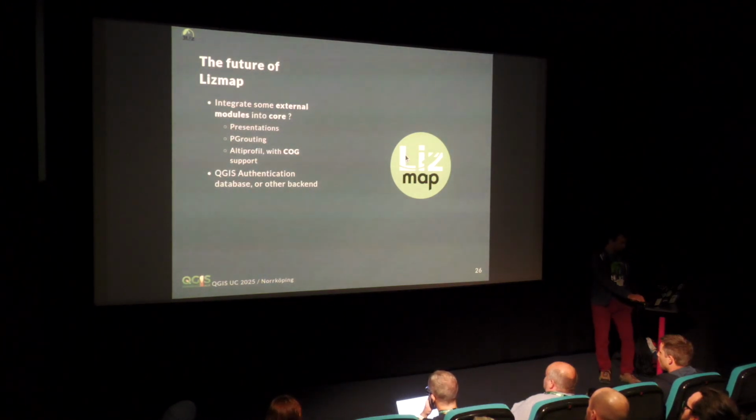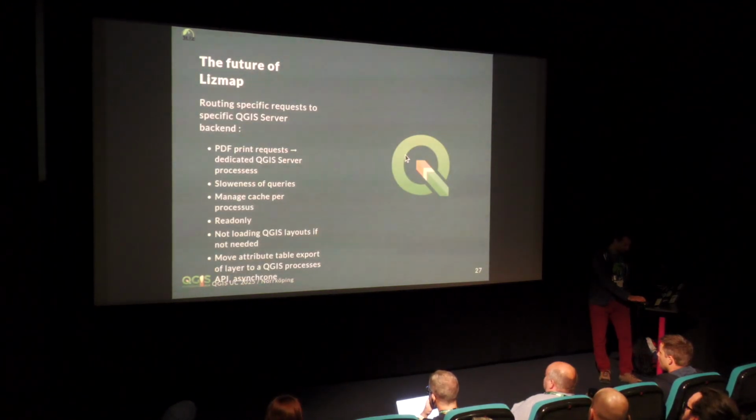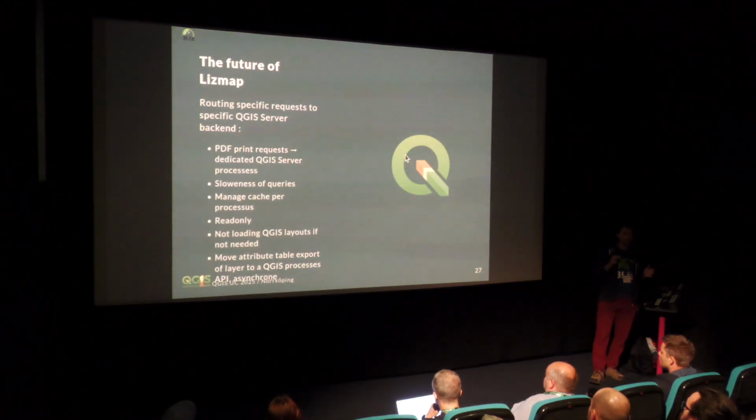Also the QGIS authentication database. And also, that's very specific, but we would like to improve performance using different QGIS Servers dedicated to some tasks. It's quite heavy for QGIS Server to load a whole project with all layouts inside, even if maybe just a user will print a PDF later, or maybe never.